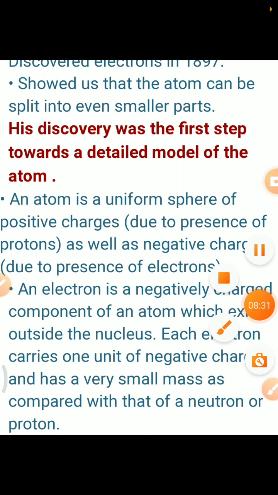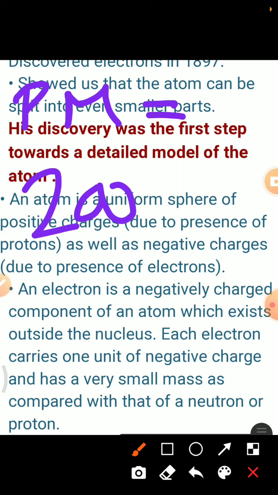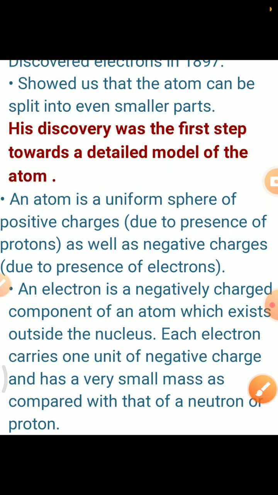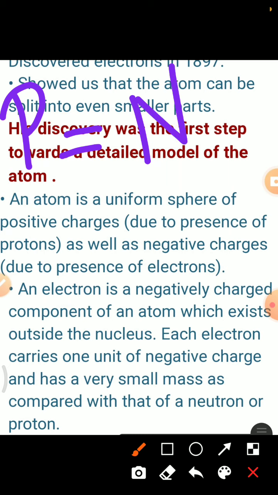Let me tell you that proton mass is equal to 2000 times the electron's mass. The mass of proton is equal to the mass of neutron.